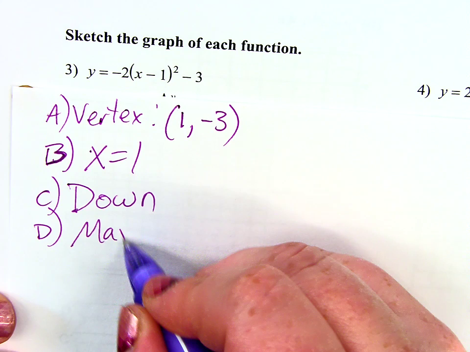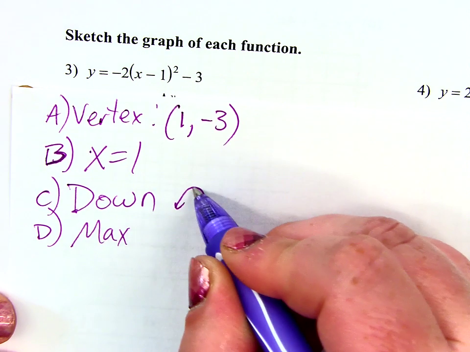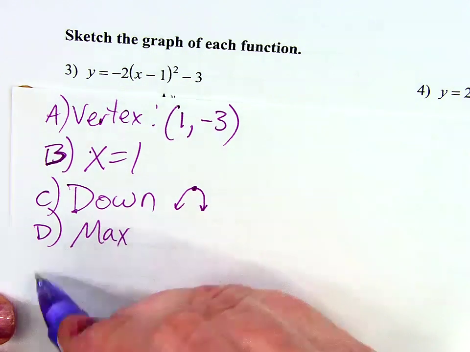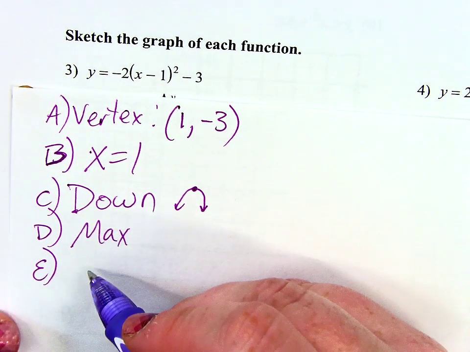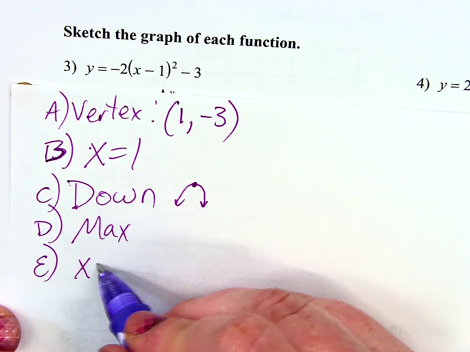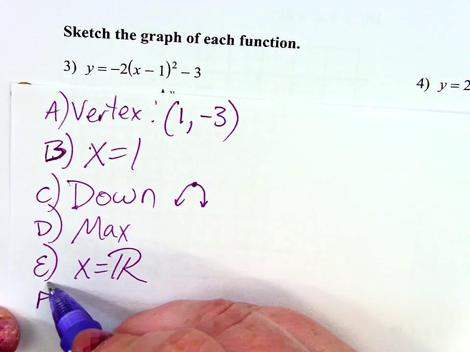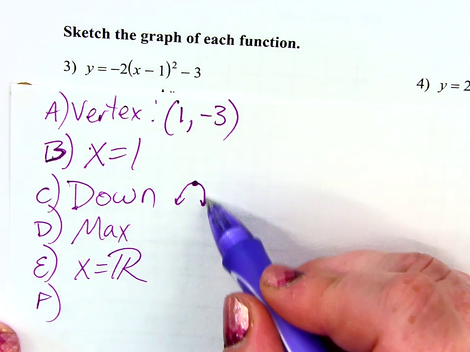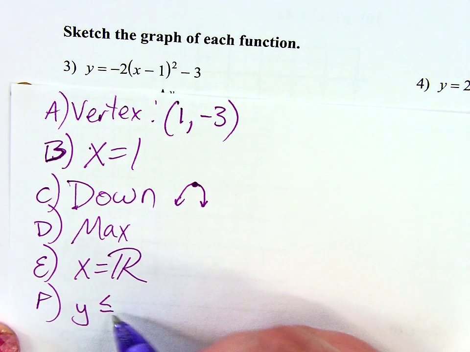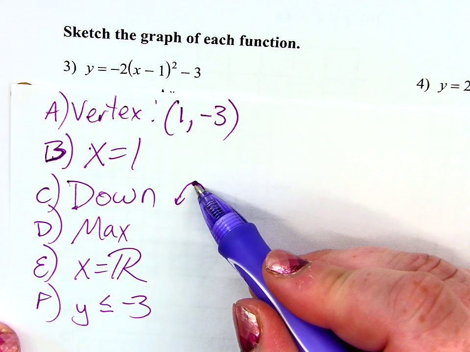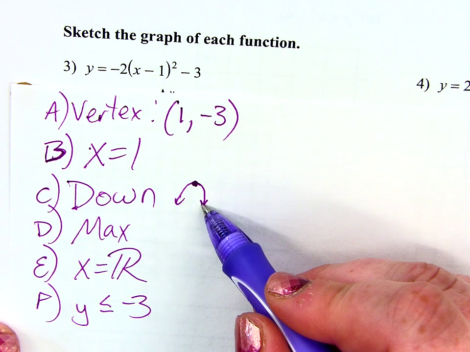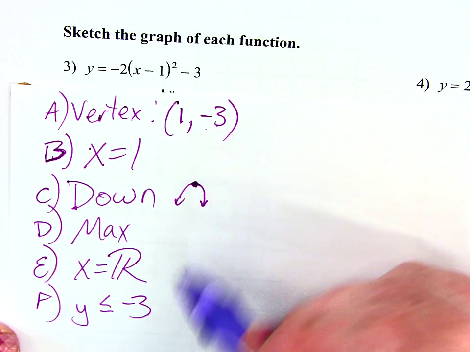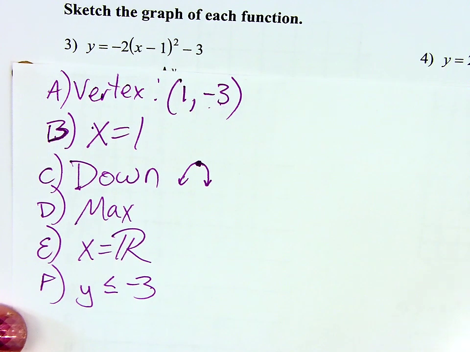A max in this case, because if my parabola is down, the vertex is the highest point I have, so it's a max. The domain: x equals all reals, it's always that, so that's an easy one. The range. Remember what your parabola looks like. Because this is my highest point, all my other y values will be less than that value. I just look at my vertex, whatever the y coordinate is, I'll just pop that in right there.